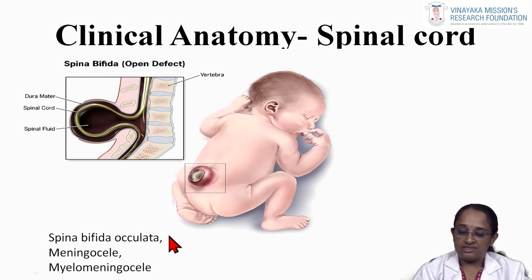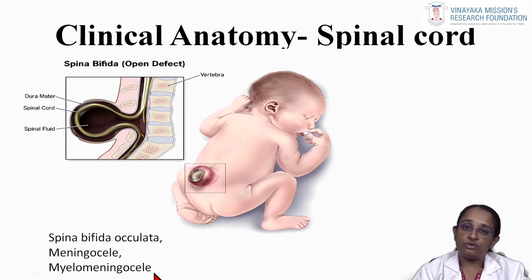It is nothing but the spinal region being affected. The vertebral region where the spinal nerves are, that region will be affected. The first stage is called spina bifida occulta. Then when some fluid comes out through the vertebral opening, we say it is meningocele.